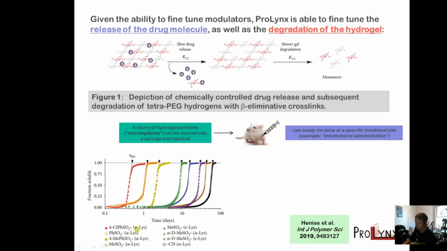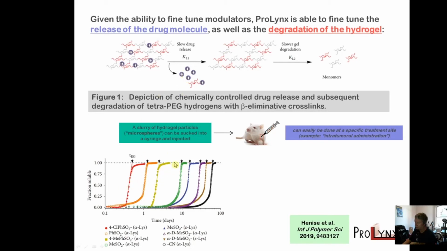What this is showing, it says fraction soluble, is that if you have these different polymers, these different beta-eliminative drug conjugates, fraction soluble means the amount of the material that dissolves, that degrades.